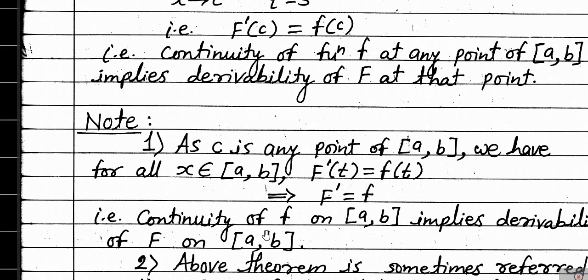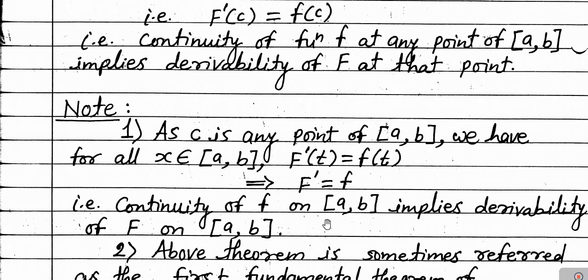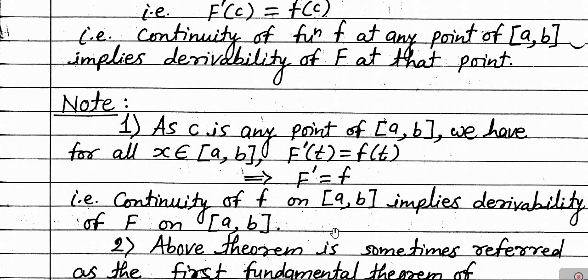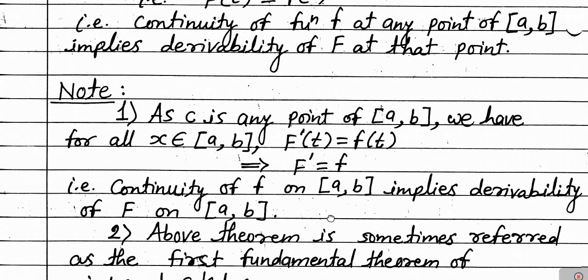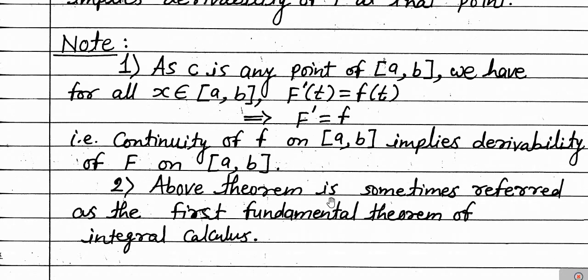This means that the continuity of the function small f on the closed interval a to b implies the derivability of the function capital F on the closed interval a to b. The second note is that the above theorem is sometimes referred to as the first fundamental theorem of integral calculus. So theorem number 16 is sometimes called the first fundamental theorem of integral calculus.